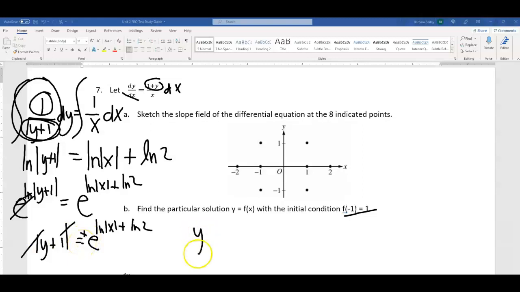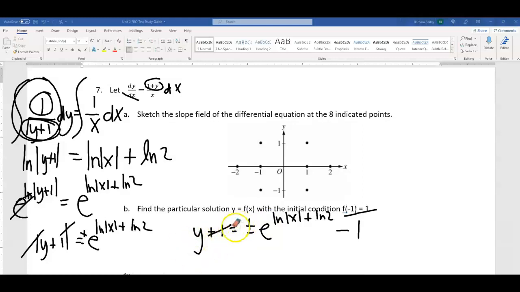So now I've got y plus 1 is equal to plus or minus e to the ln of x plus ln of 2. The last thing we're going to do is minus this 1 on both sides, so it looks like that. Okay, so now we have a positive e and a negative e, and we have to decide which one is the correct one.